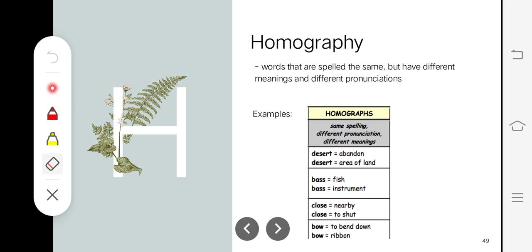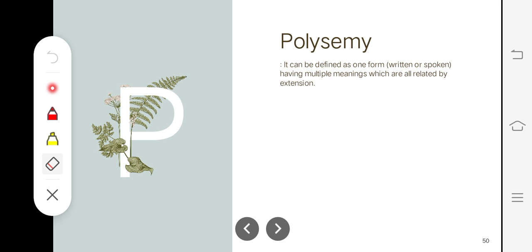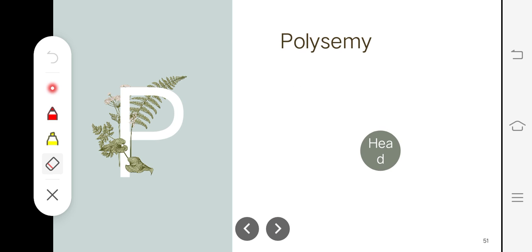For the next slide, it is polysemy. It can be defined as one form, written or spoken, having multiple meanings which are all related by extension. The example of this is the word head.